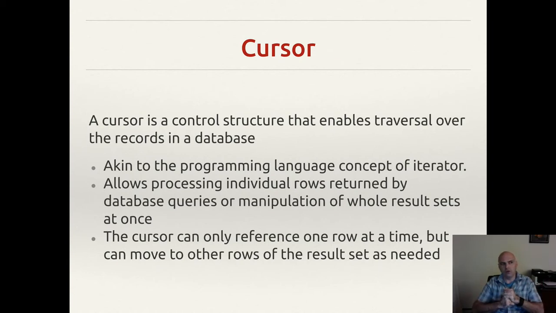So when you get a result set back in your application, and you're going through it row by row to create objects from what was returned, which we'll see in action in a little while, you're using the cursor to move through it row by row. And that's really what it is.